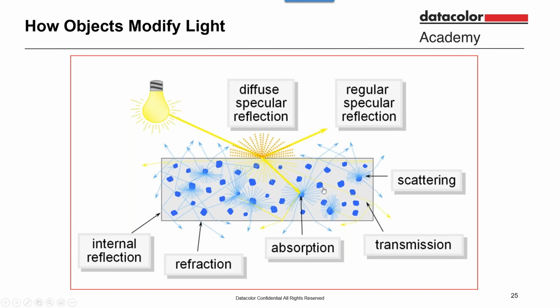So this is going on at all times inside the sample. If there is light available to exit from the sample, like the opposite side, the object would be considered translucent. If all the light is either absorbed or scattered, the object would be considered opaque. And in this case, we're just showing a sample where we have some blue pigment particles, probably in like a clear resin.